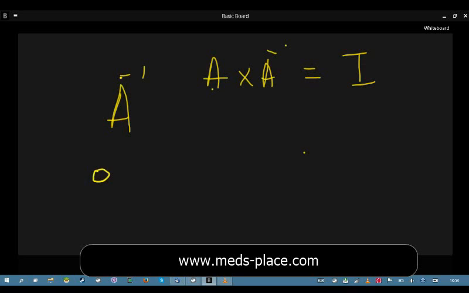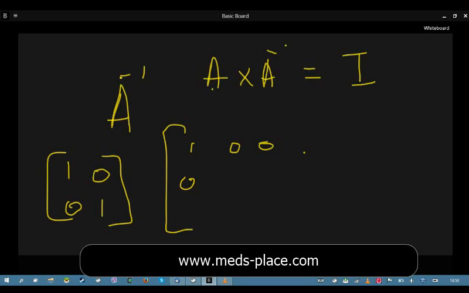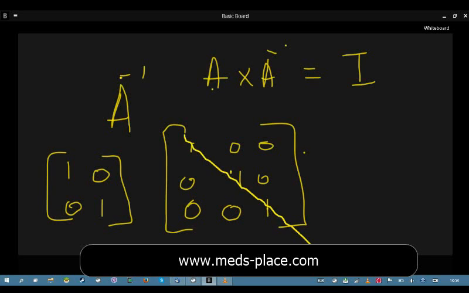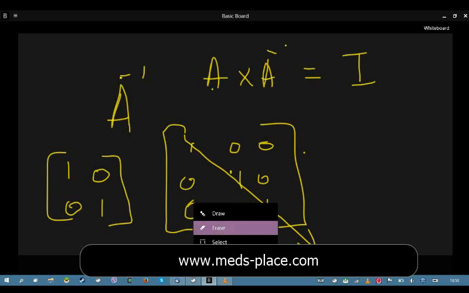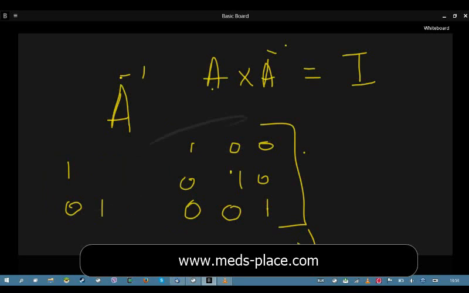The identity matrix being this for a 2 by 2 matrix, or this for a 3 by 3 matrix. And you would just keep going with that diagonal of ones if you were to grow it any bigger.